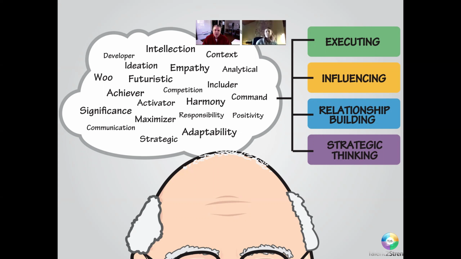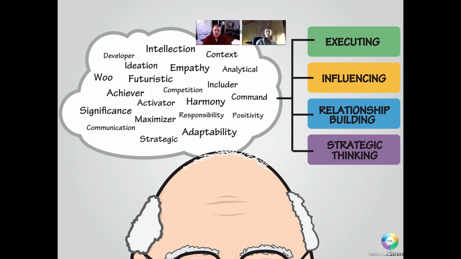And as a side note, I actually went through all 34 themes and demonstrated how each theme could be useful for executing, influencing, building relationships, and thinking strategically. There's a genius to responsibility. It's an executing theme, but it makes you think about, what are my priorities and what can I get done? So you're planning how to execute.